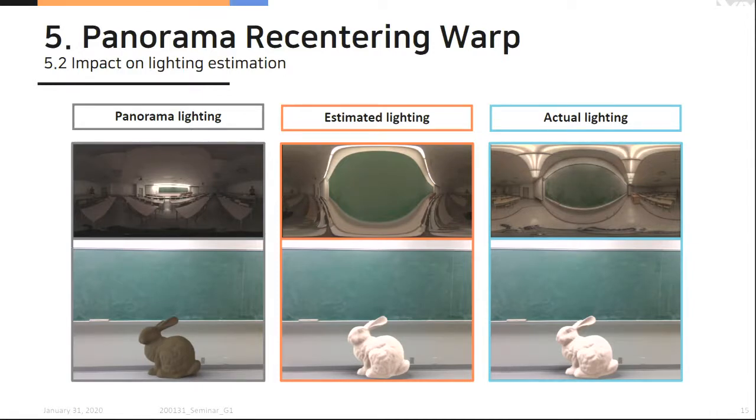The network is trained on panoramic data, and you put the cropped image as an input, and the network generates the panoramic data. In this case, they cropped this, and the network found the perfect panoramic data, which is this one, and generated this light, which is totally wrong.